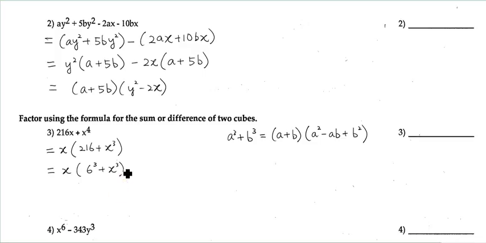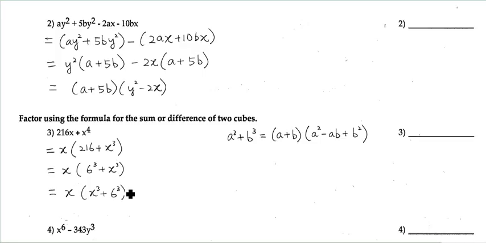So we will have a equal to 6 and b equal to x. Some would like to have the x go first. That is absolutely fine. We can flip them around. We can make it become x times x cubed plus 6 cubed. That is perfectly okay.